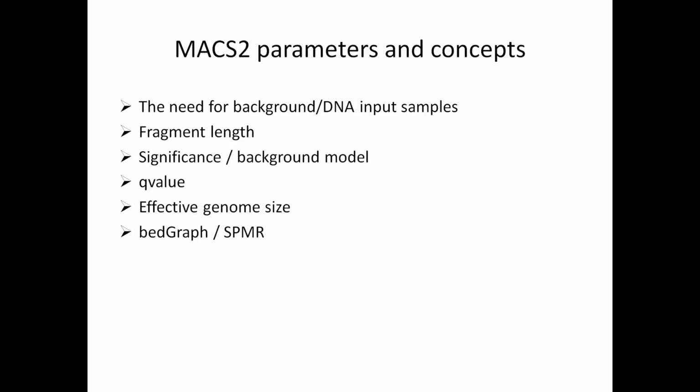A useful feature associated with the bedGraph output is the signal per million reads setting, as it normalizes the coverage score to the n million chip reads used when finding the peaks.